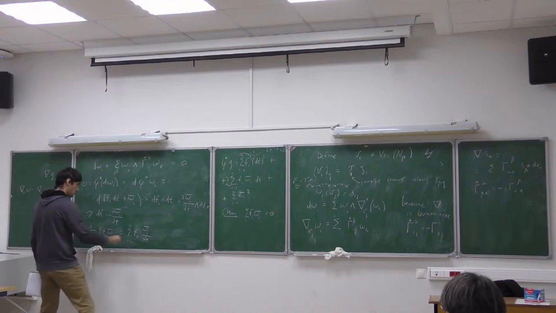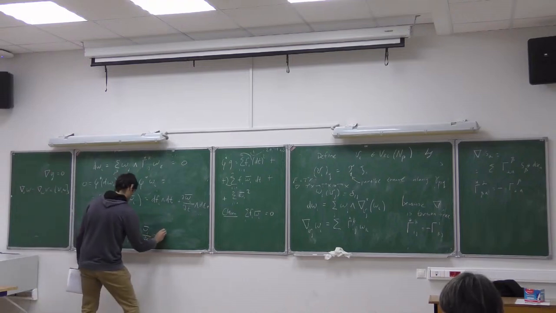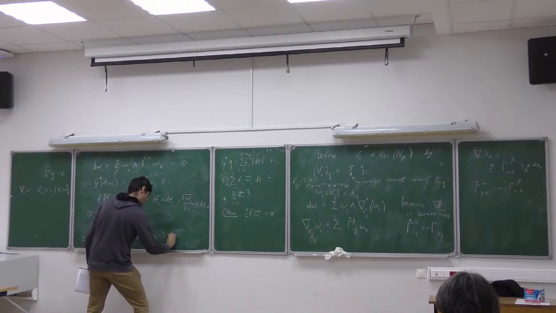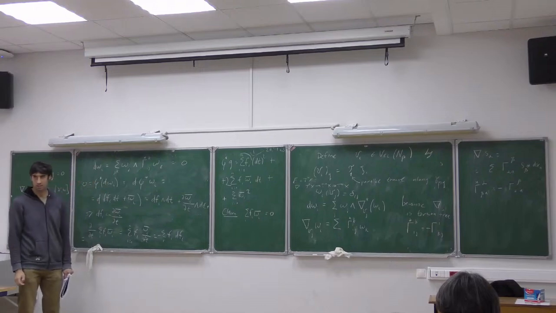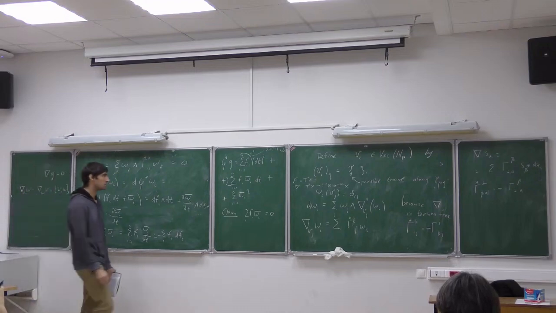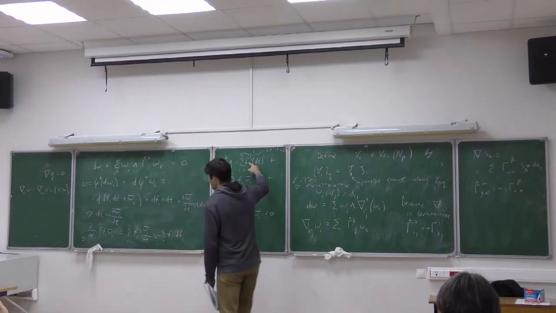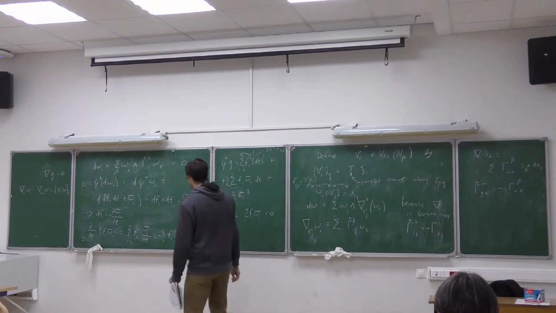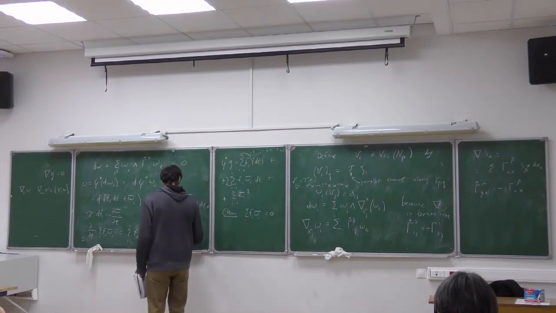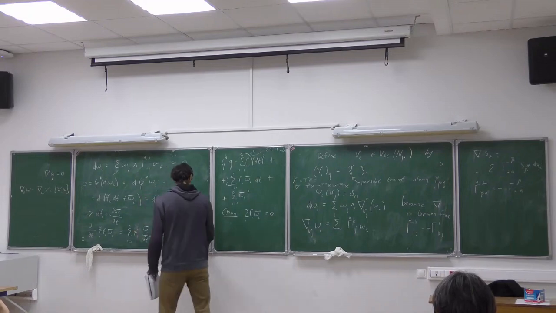So now I use this and I get, this is just sum over I with minus sign phi I d phi I. But this is 0, right? Because this is 1. So this is 0. Why?